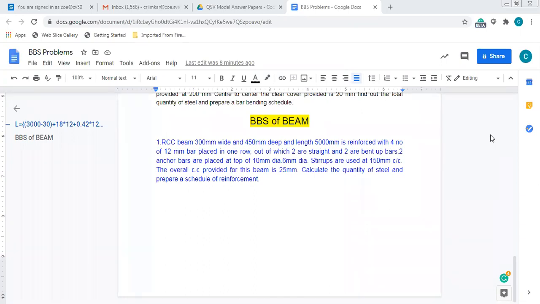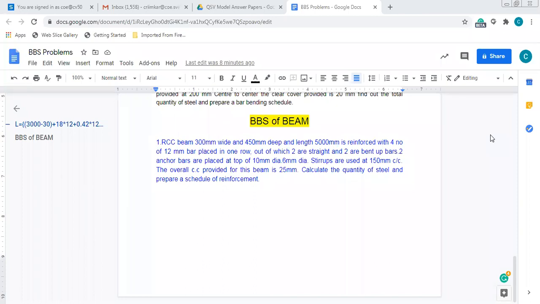It is reinforced with four number of 12 bars, that is, diameter of the bar is given, number of bars will be 4, which are placed in one row, out of which two are straight and two are bent up bars.